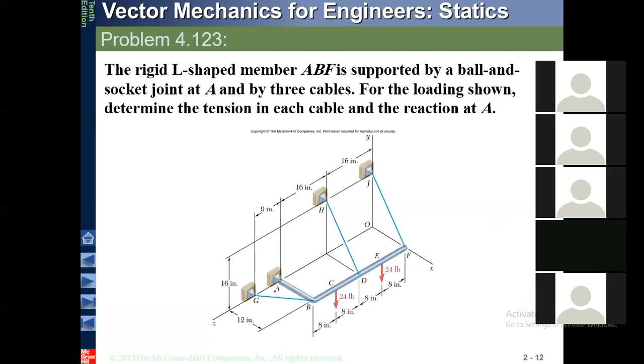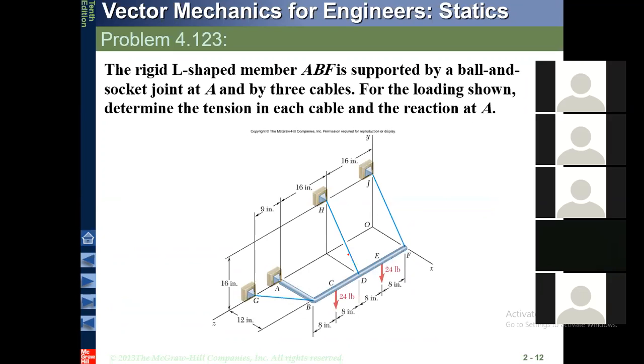Okay, you have a component attached to, well, this is a three-dimensional problem. So you have a component ABF, which is attached to points G, A, H, J. So you have a pin support at A, or you can call it ball and socket joint, and also you have tension cables which are attached to points G, H, and I. So when you have cables, you know the direction of the line of action of these reactions.